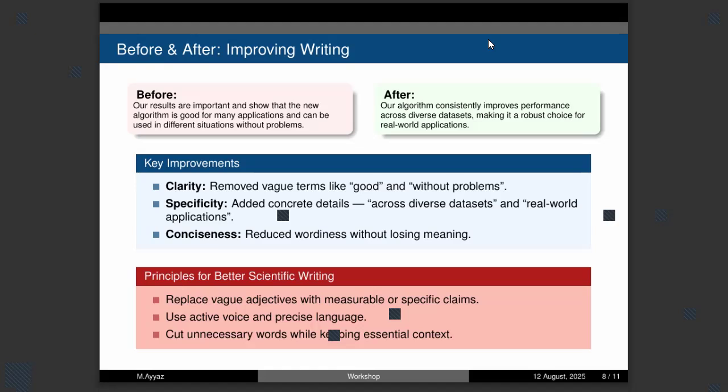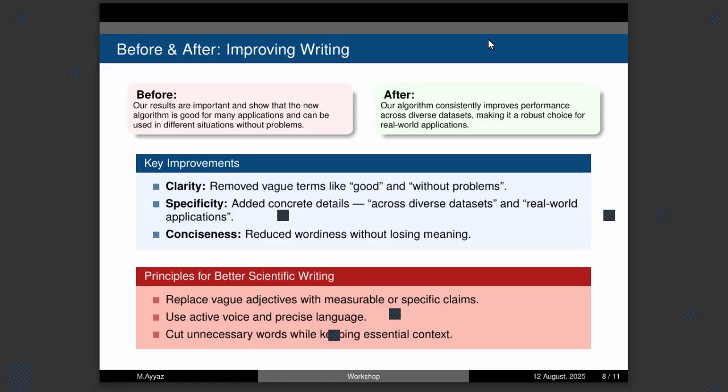Then we reduce the word count to make the sentence more concise and digestible for the reader. After making these changes, our final sentence would be: "Our algorithm consistently improves performance across diverse datasets, making it a robust choice for real-world applications."